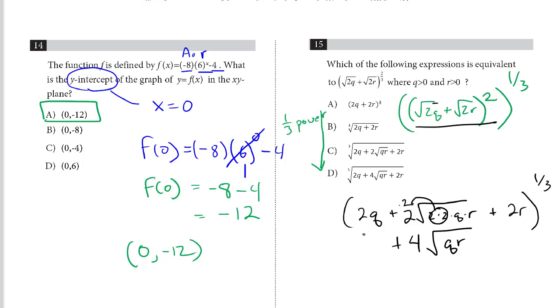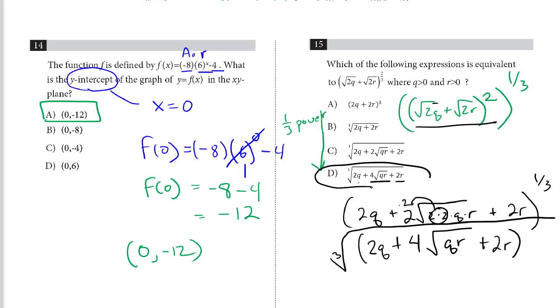So the rest is the same: 2q plus 4 root qr after simplifying, plus 2r, and I'm going to now express it in radical form, which is the cube root. Which answer choice is this? The cube root of 2q plus 4 root qr plus 2r. The correct answer is D for number 15.